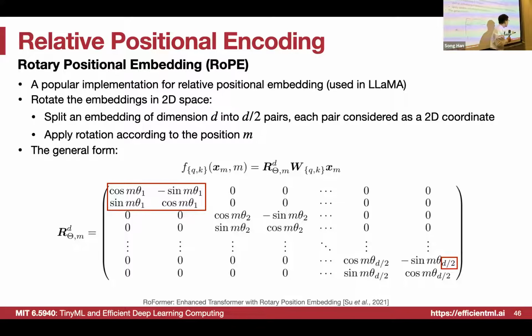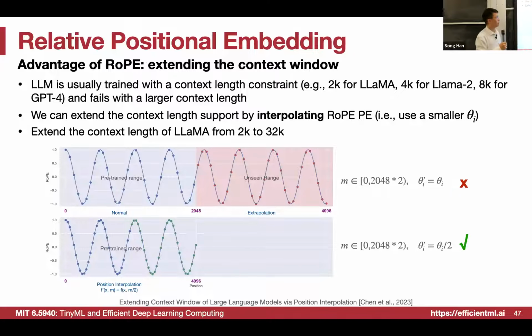And here, D divided by 2, since originally we have D dimensions, and now we're grouping every two of them together. All right, so that's the transformation.